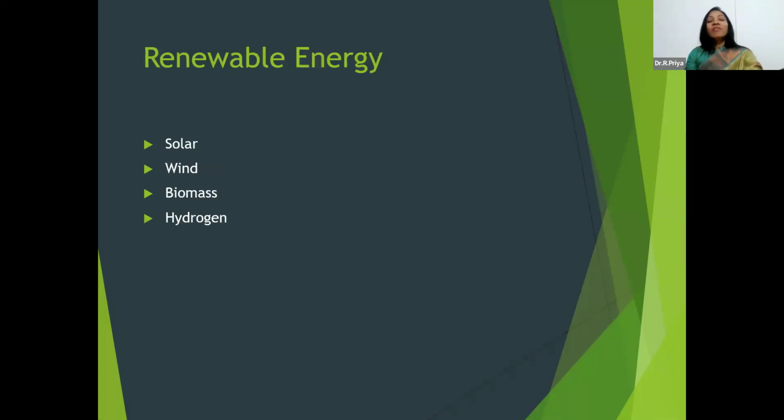Next, renewable energy in green manufacturing. Renewable energy plays a very major role in making manufacturing cleaner and more sustainable by reducing dependence on fossil fuels. Solar energy is widely used in industries through rooftop solar panels and solar parks.